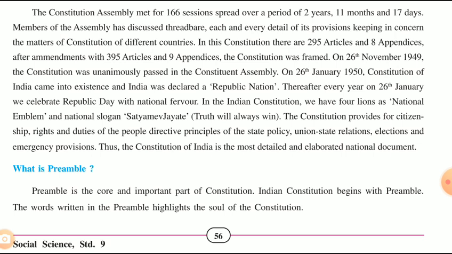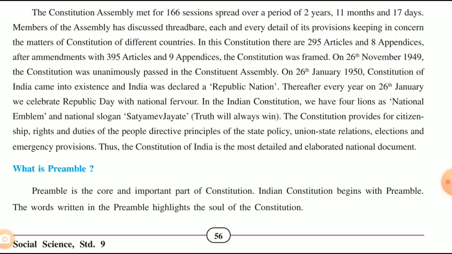It was in a draft stage. Later on 26 January 1950, our Constitution came into force. That means the rules and regulations mentioned in this constitution came into effect, and are to be followed throughout India from 26 January 1950.